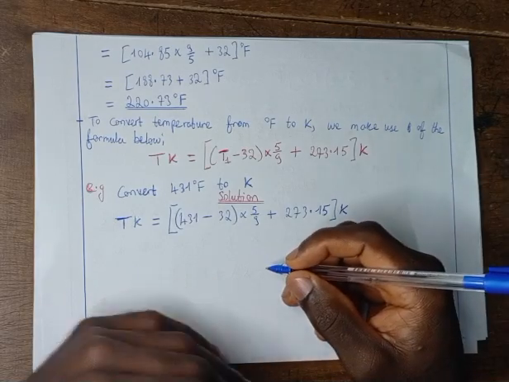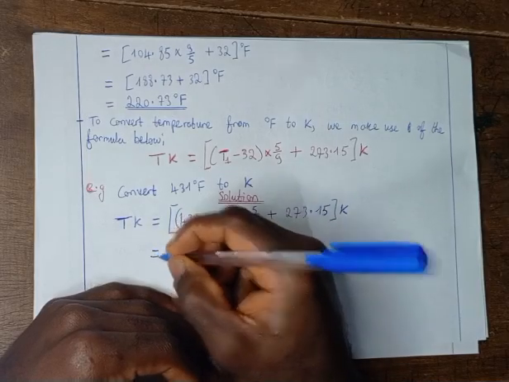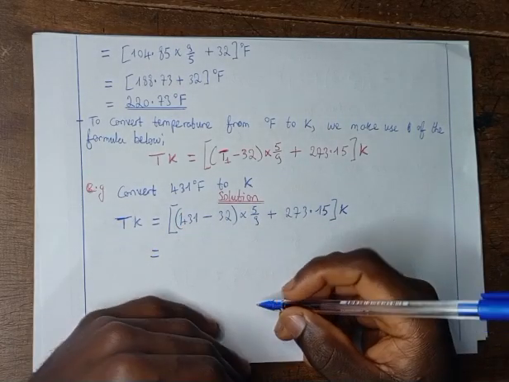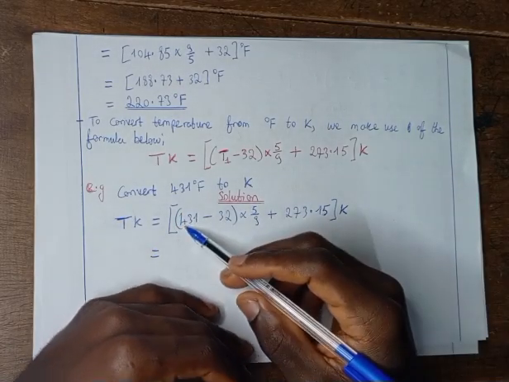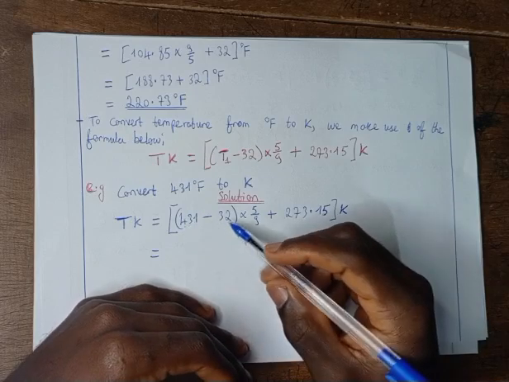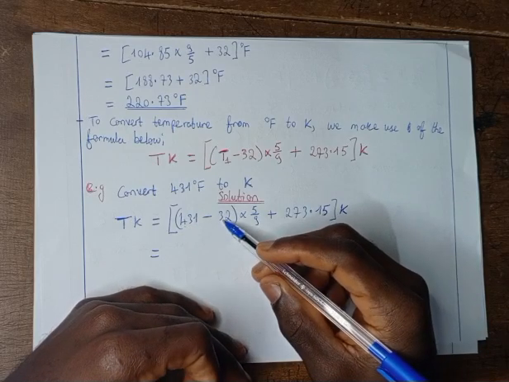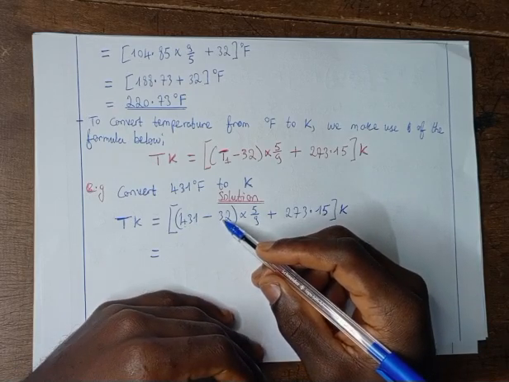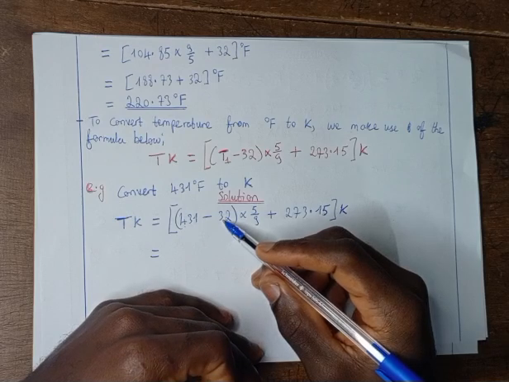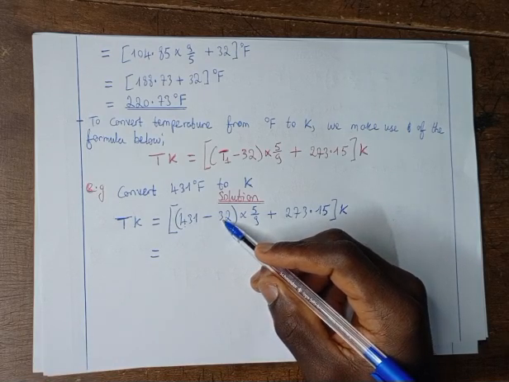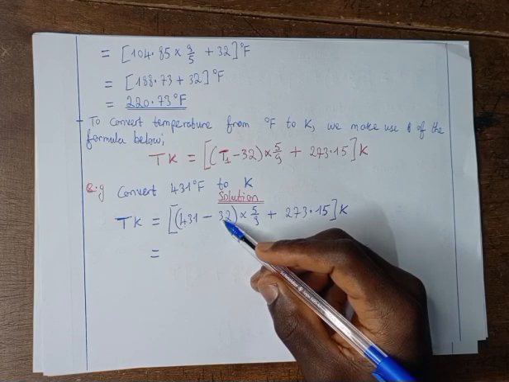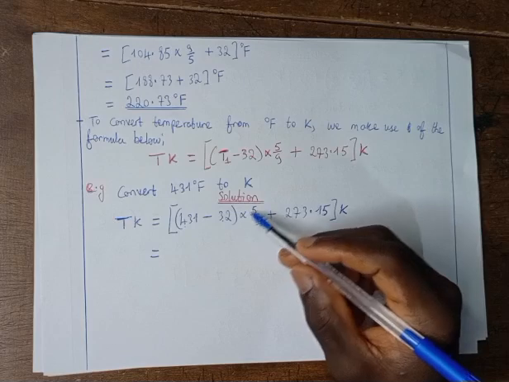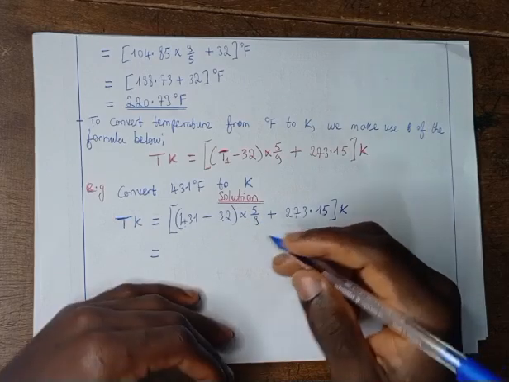This will simply be equal to, we take 431, we subtract 32 from it, we are simply going to obtain 399.